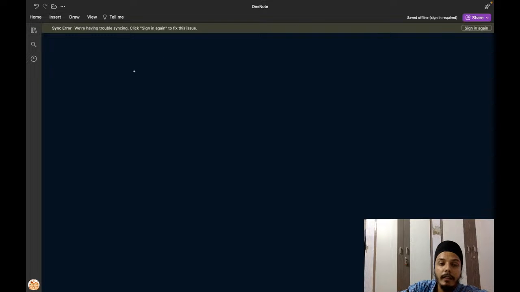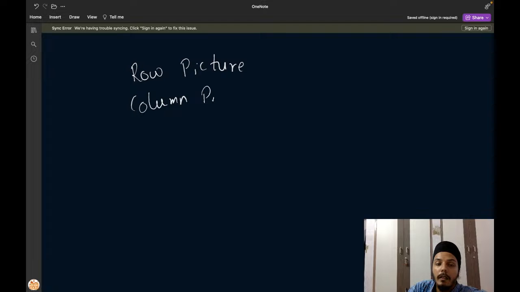So in this lecture, we saw the row picture again. We saw the column picture, and we saw the Gaussian elimination.